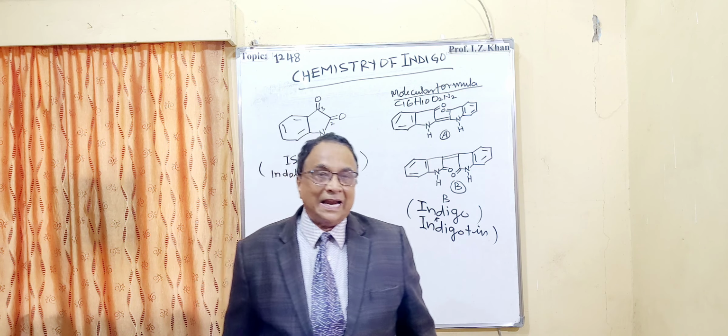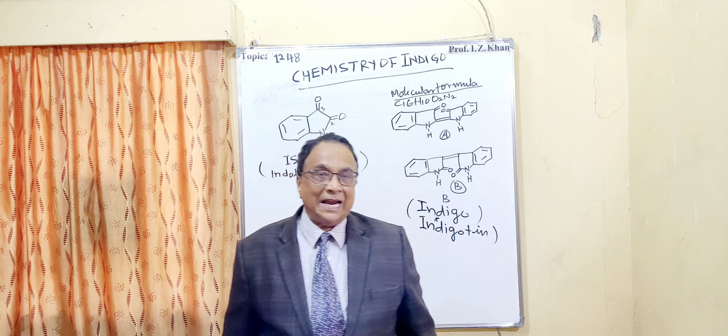Geometrical isomerism means that free rotation of these two portions of isatin is not possible. It is arranged either in cis or trans form. That's why there is restriction of rotation, and in that case, structure A is the correct structure for indigo dye.